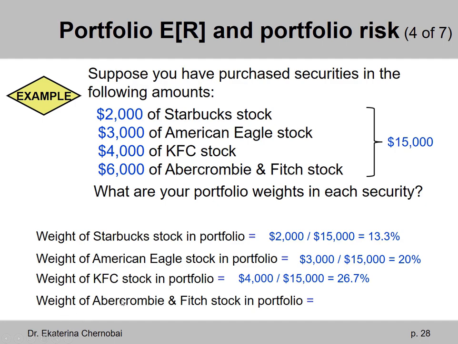And the weight of Abercrombie & Fitch stock in our portfolio is $6,000 divided by $15,000, which gives 40%. And the 4 weights, the 4 percentages, do add up to 100%. So make sure they do in case you're dealing with weights, because otherwise, if they don't, look for a mistake somewhere in your calculations.